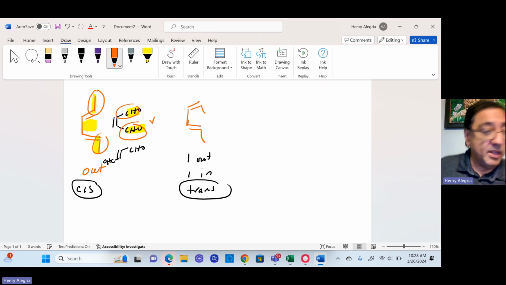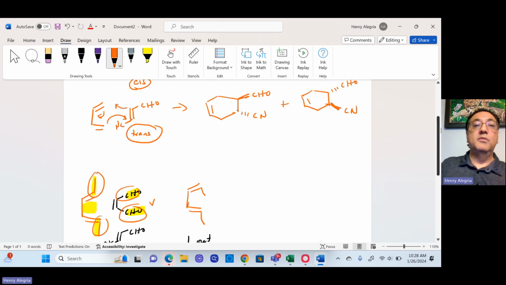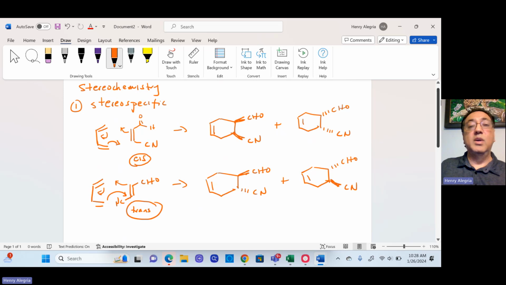You see where it gets very complicated, which is why at this level we don't normally touch it. In the extra practice set that I normally give my classes, I do include one or two where you have to take that into account, and I'll show you the outcome. But the thing that you have to be aware of is what happens in the case of a dienophile, whether you begin with the cis or the trans. So that is the first thing that has to do with stereochemistry.